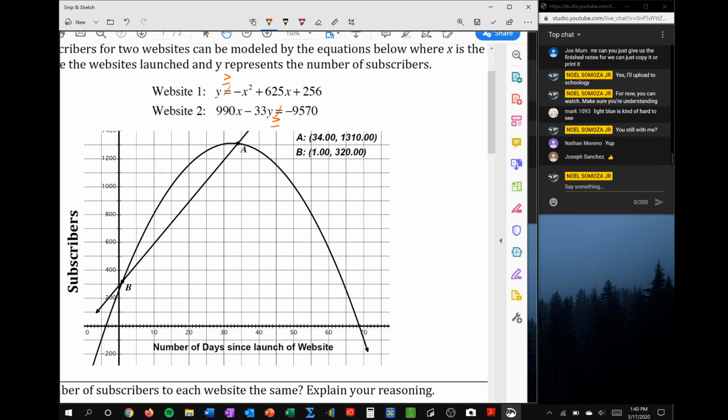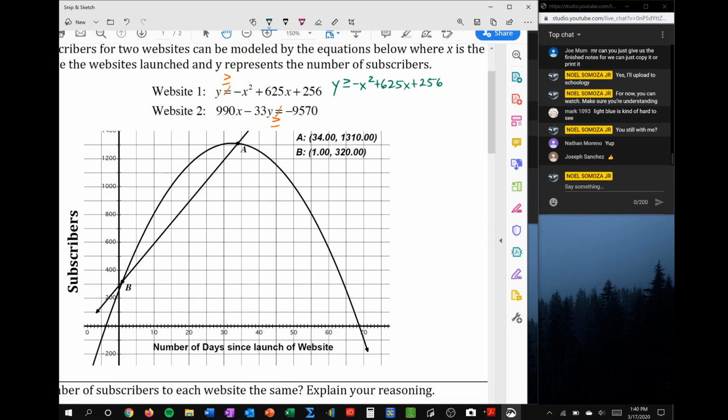All right, let me rewrite these. I have y is greater than or equal to negative x squared plus 625x plus 256. And then I also have 990x minus 33y is greater than or equal to negative 9570.